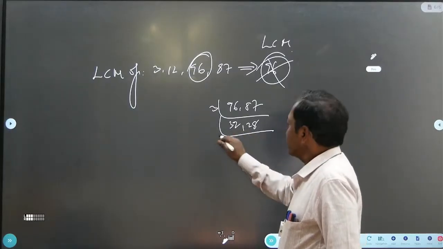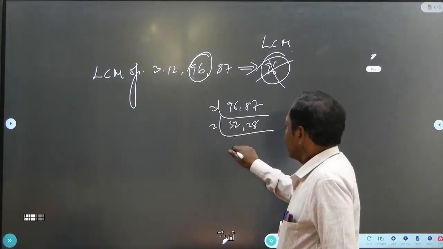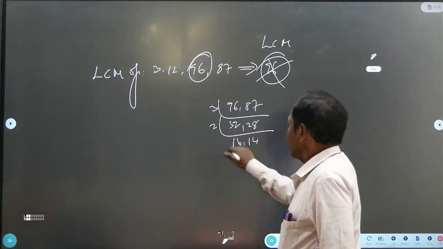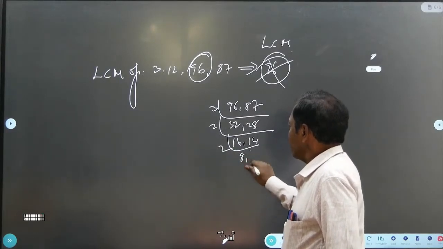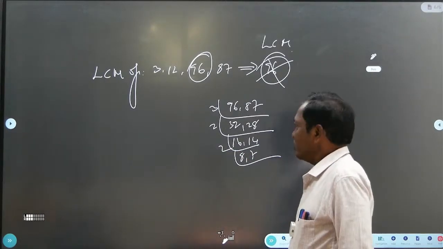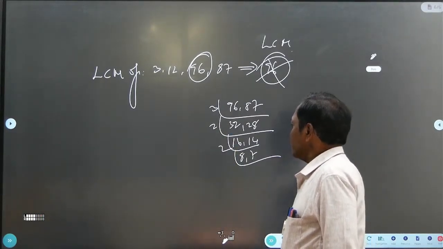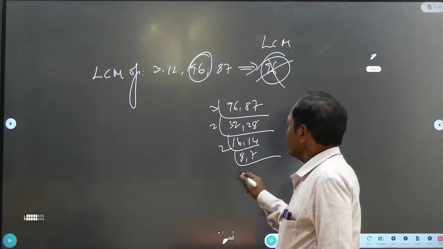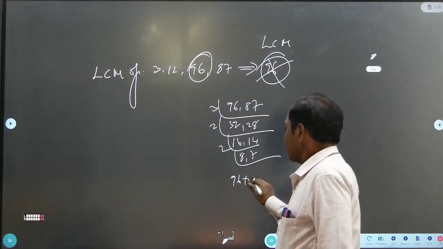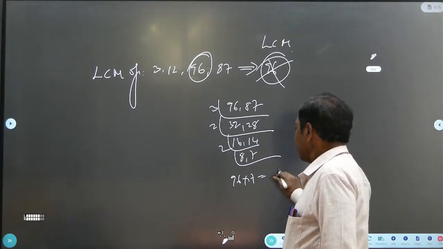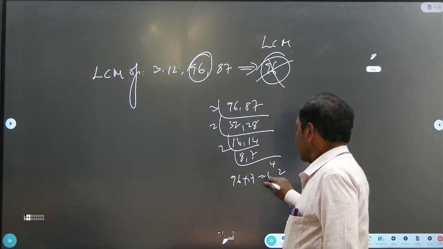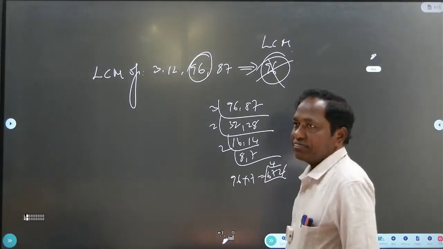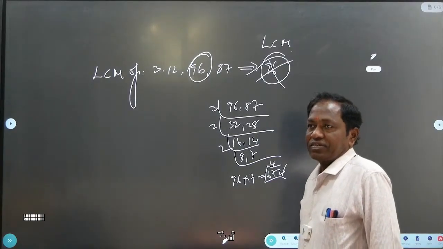Now both are even numbers. 2 16, 2 14. Again you can take 2 8, 2 7. Over. And 3 into 2, 6, 6 into 2, 12. 12 into 8, 96. 96 into 7, whatever it comes, 672 you can take.